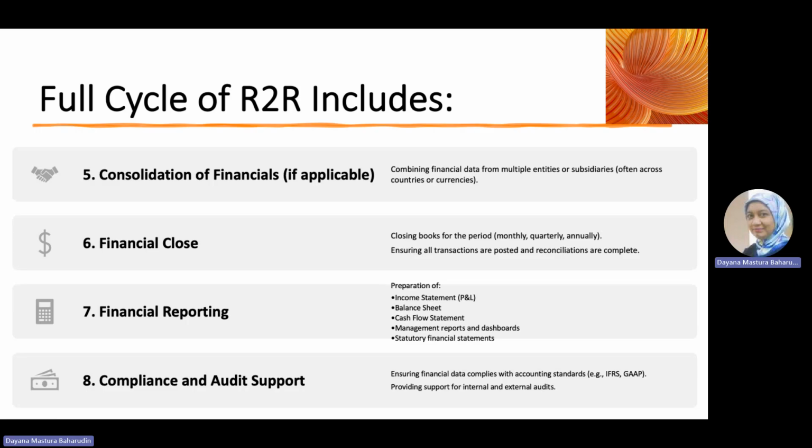Financial reporting: of course, you need to prepare the profit and loss account, balance sheet, and cash flow statement, plus management reports and dashboards, and statutory financial statements. Compliance and audit support: you need to comply with IFRS or GAAP depending on the country.